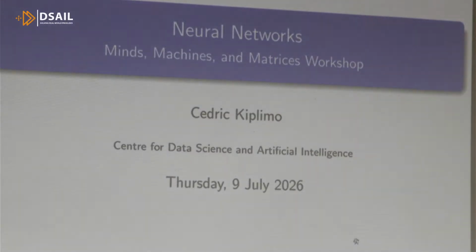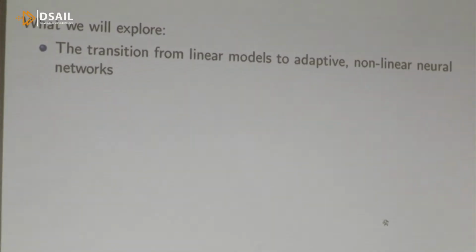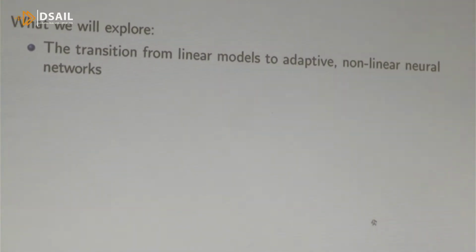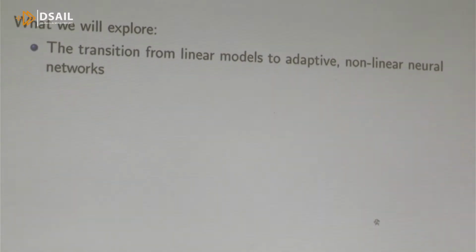So there'll be 2 classes today on neural networks. One is this one which I'm teaching, and then Emerson will be teaching another one after this. So what we'll be exploring basically is why linear models in general fail, and why we don't use linear models for most of the advanced tasks that we do today, right?